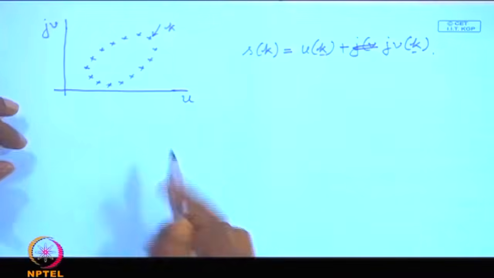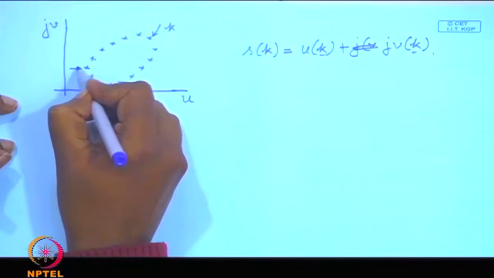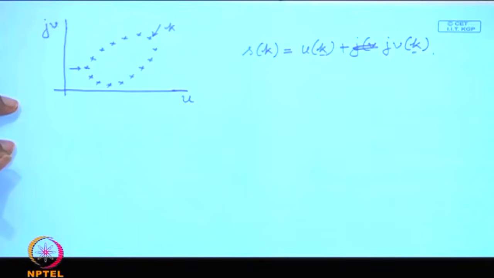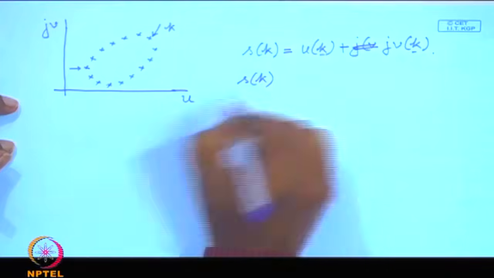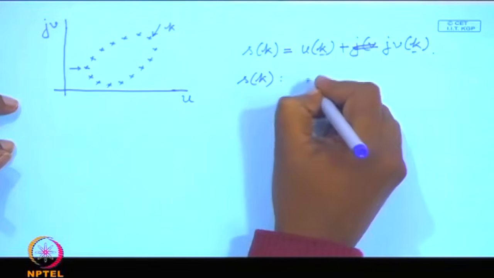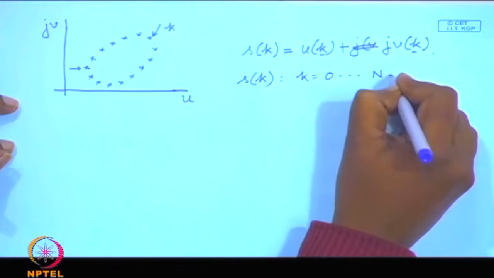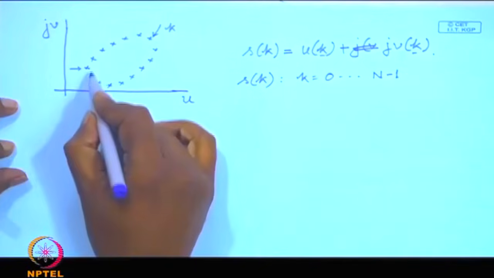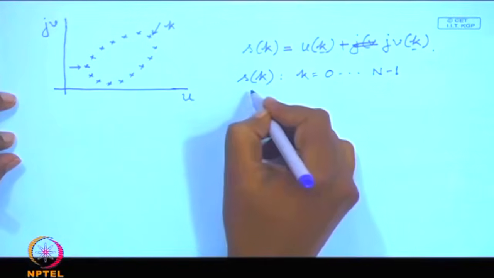So, what I actually have, if I start scanning this boundary from any of the initial point, what I will have is a set of complex numbers s_k, where k varies from say 0 to capital N minus 1, if I have capital N number of such boundary points. So, you find that it is nothing but a sequence of such complex numbers.